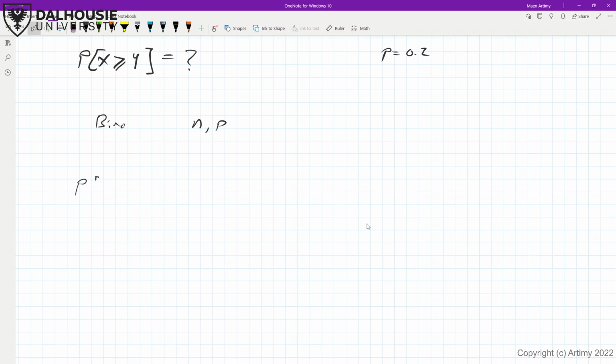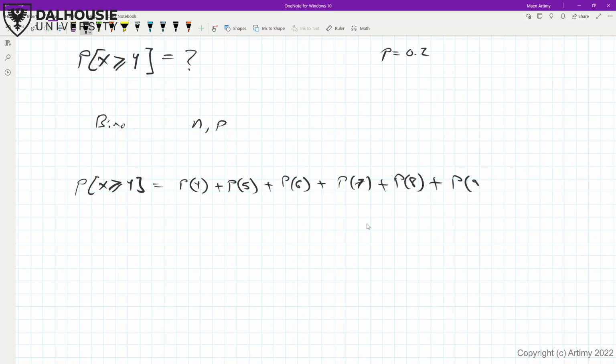So P of x greater than or equal to 4 is P4 plus P5 plus P6, the probability of having 4 people succeed, 5, 6, 7, 8, 9, or 10.